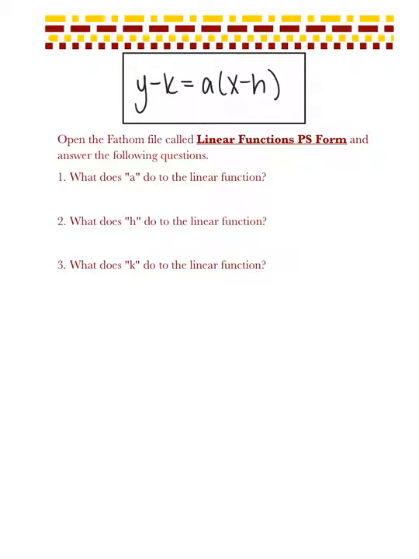Okay, hopefully you've had a good amount of time to explore. Now, the a was probably the easiest one to tell what was happening. When you changed the a, it changed the slope of the line. So when that a value was equal to 0, you probably saw a horizontal line.